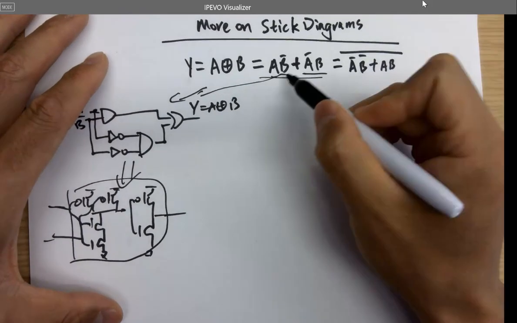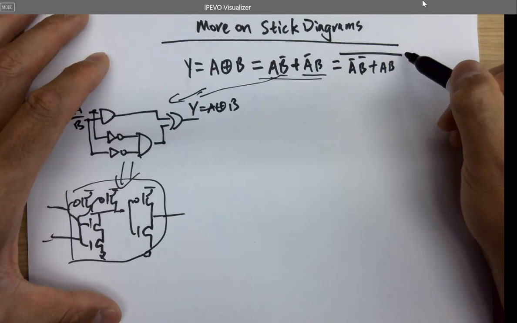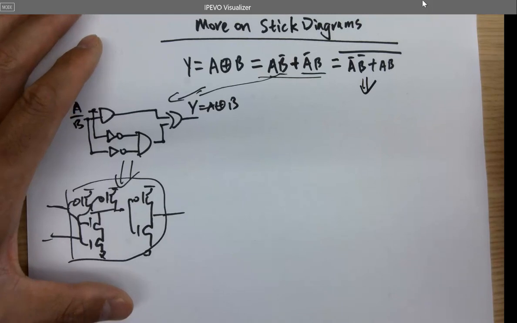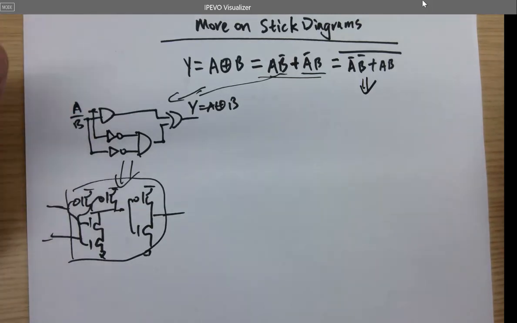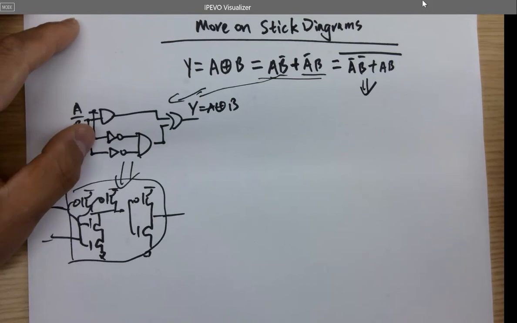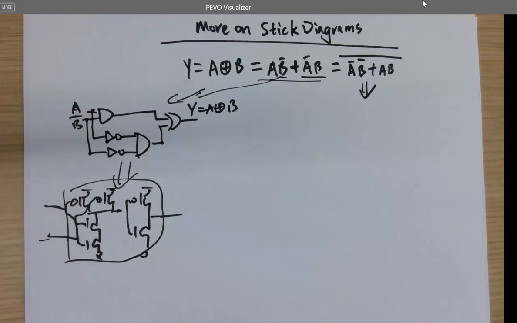Okay, so now we know the XOR logic is the XNOR with a bar on the top. So what's the next step? So for the AND logic, you have two PMOSes in parallel on the top.